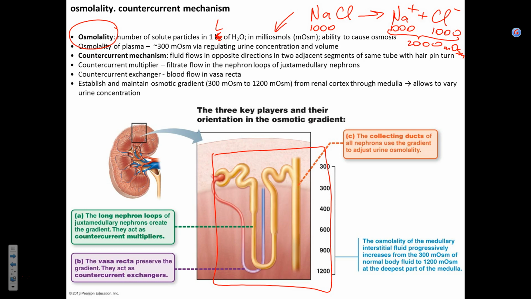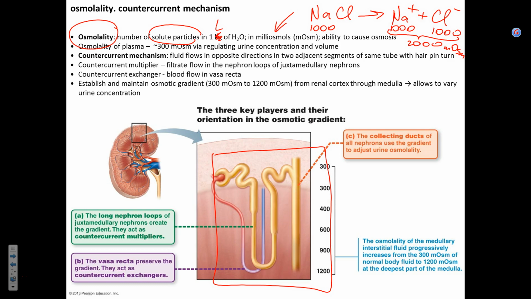Now you can mix sodium chloride, potassium sulfate, and I don't know, calcium nitrate, glucose, urea, whatever, anything you want. Osmolality measures simply the number of solute particles without referring to specific particles. Are we clear?